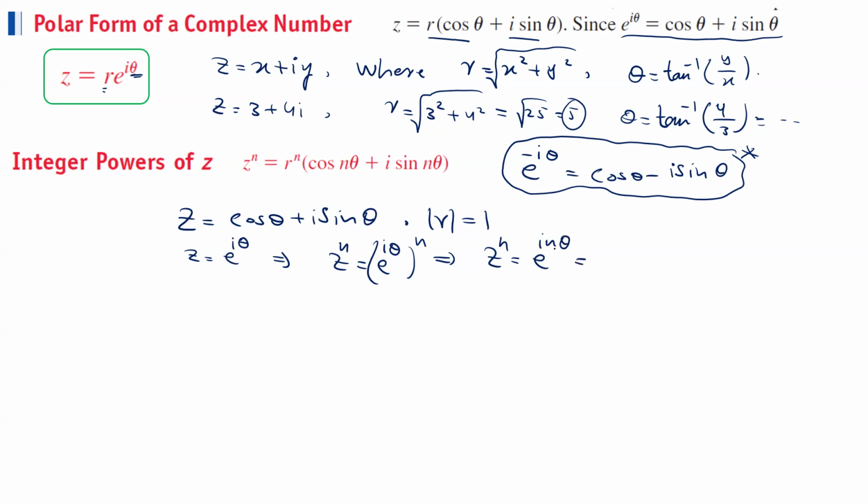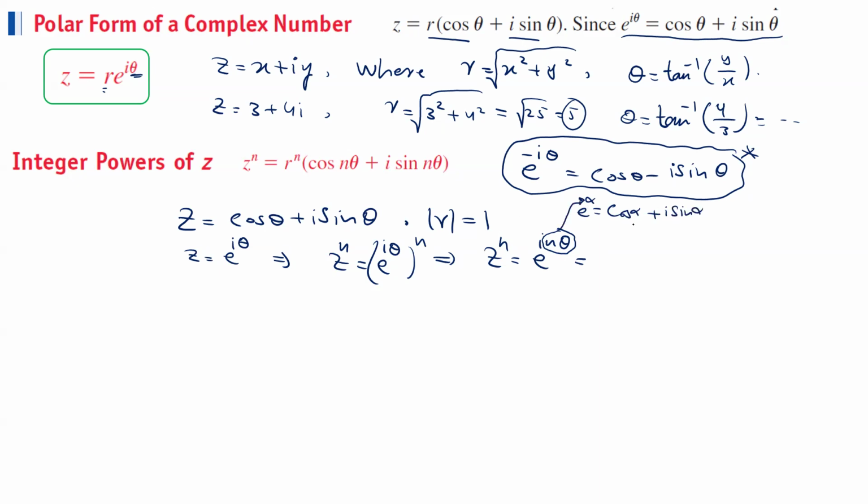And if I treat this whole thing as an angle, I can use the Euler formula, e to the i theta equals cos theta plus iota sine theta. I can use that result here while treating this as a whole angle. For example, I can call it alpha. So it becomes e to the power alpha, and e to the power alpha will be cos alpha plus iota sine alpha.